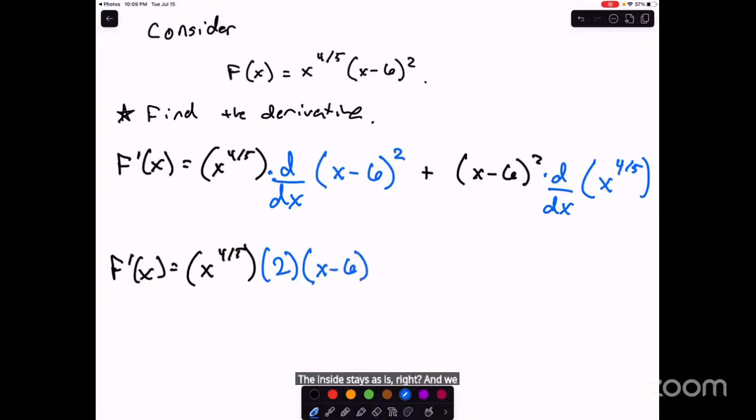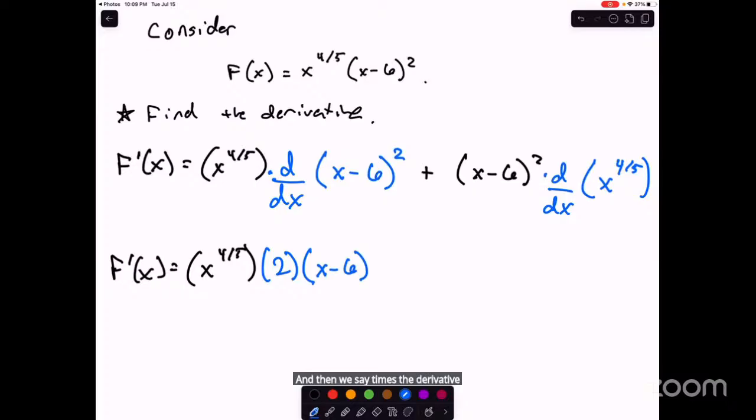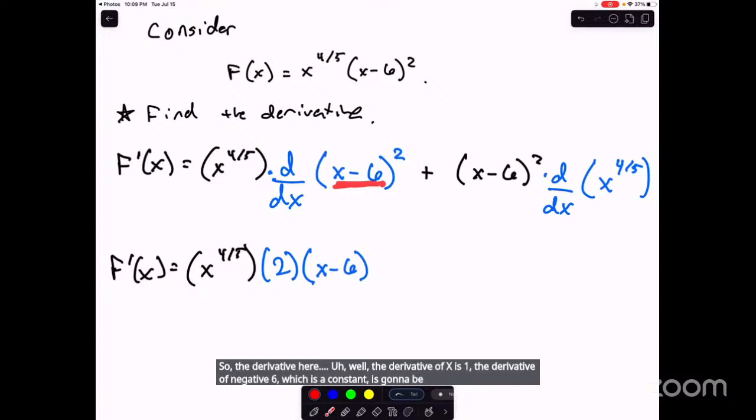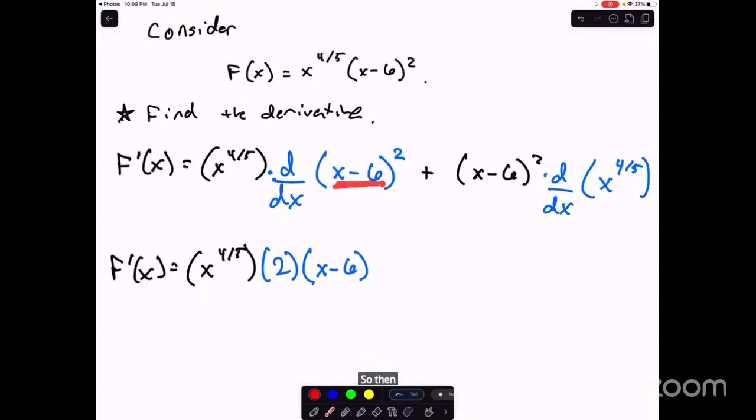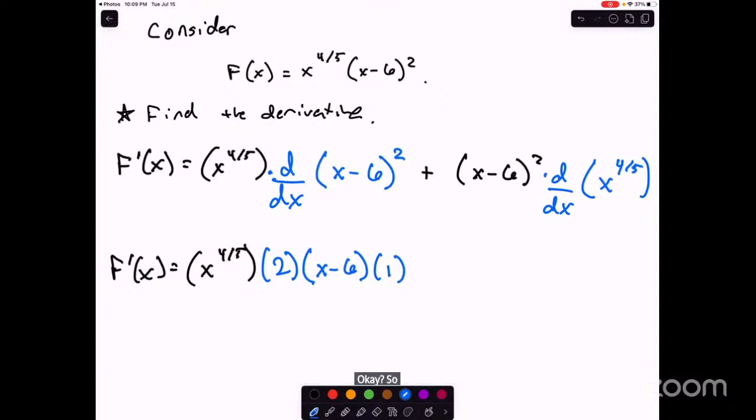And we subtract 1 from the power, so it just becomes a 1. There's an implied 1 there. And then we say times the derivative of the inside function. So the derivative of x is 1. The derivative of -6, which is a constant, is going to be 0. So then 1 plus 0 is just a 1 there. Okay. So we don't necessarily need to write that times 1, but it's times 1. All right. Okay. So that's the first times the derivative of the second.